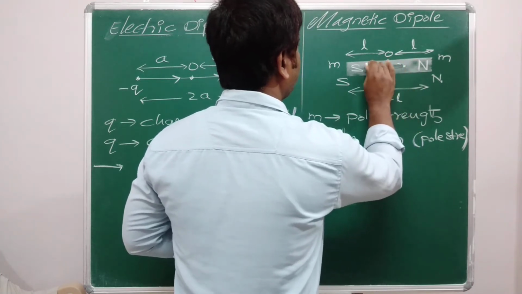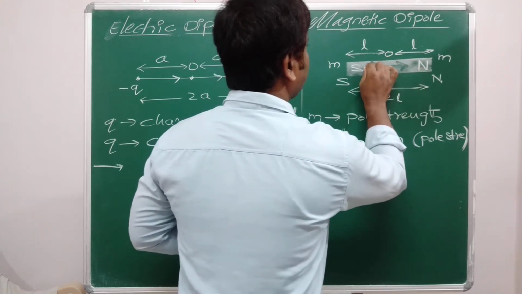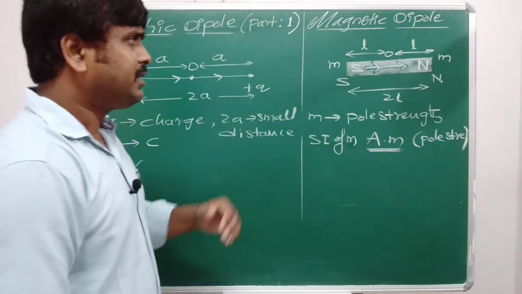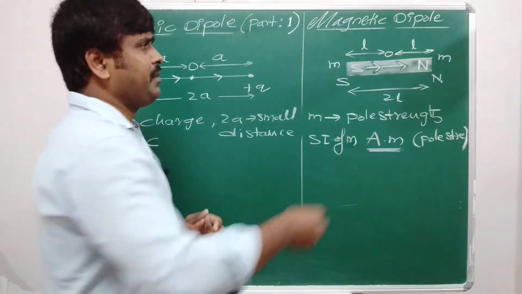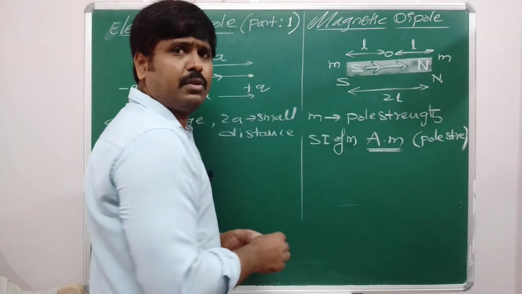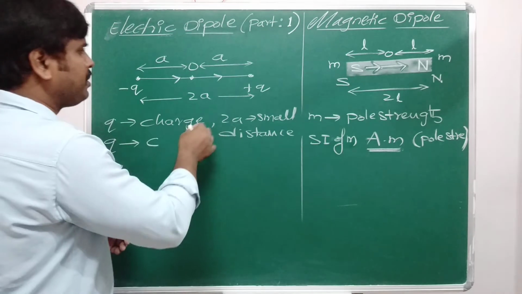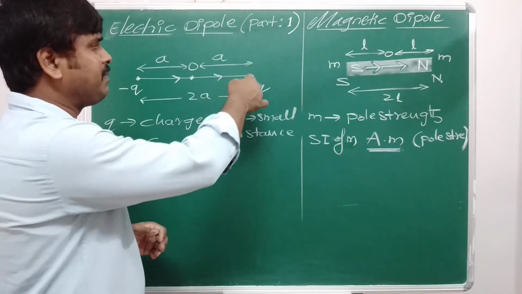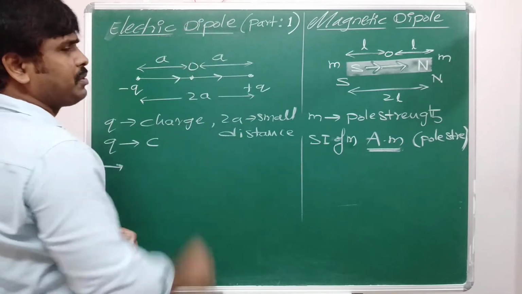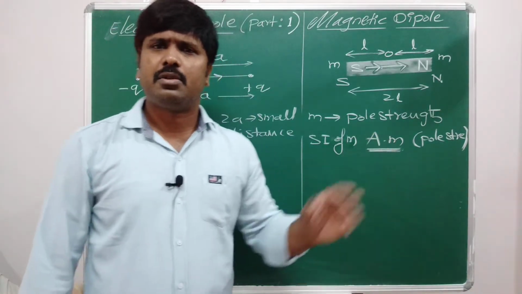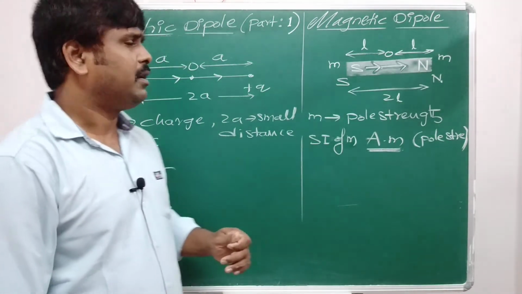And the outside direction is from the north pole to the south pole. Here also, outside the dipole, the electric field direction is from the positive charge to the negative charge. It simply releases from the positive charge and goes towards the negative charge.